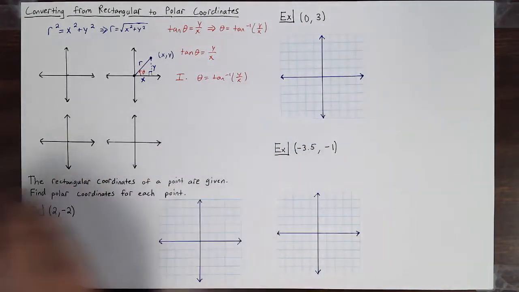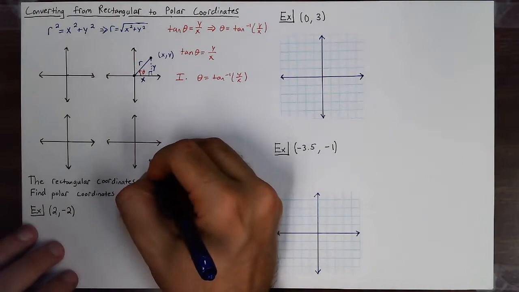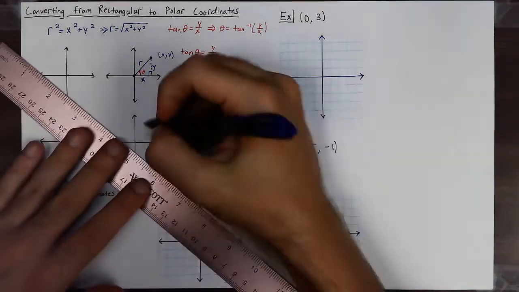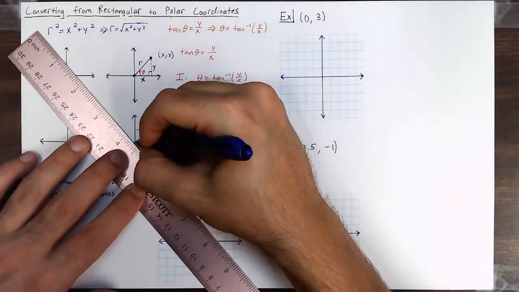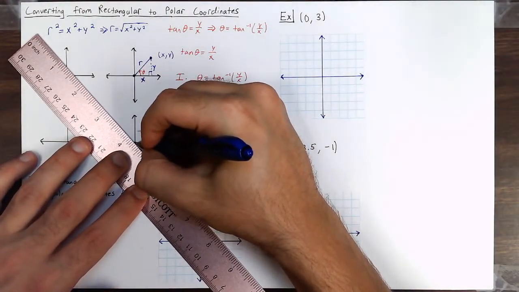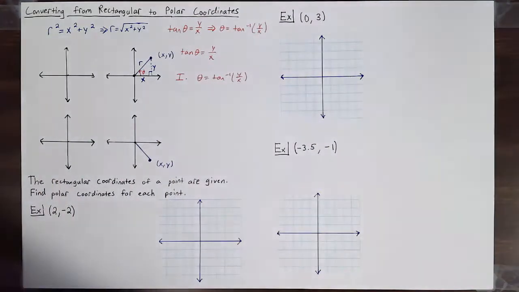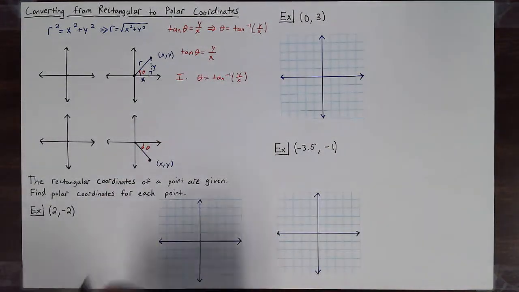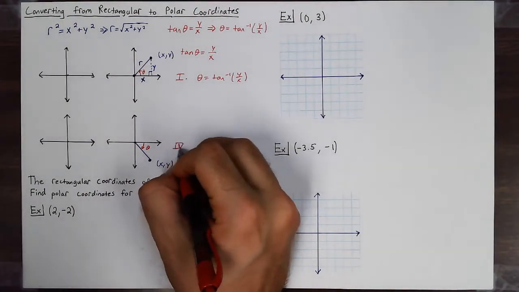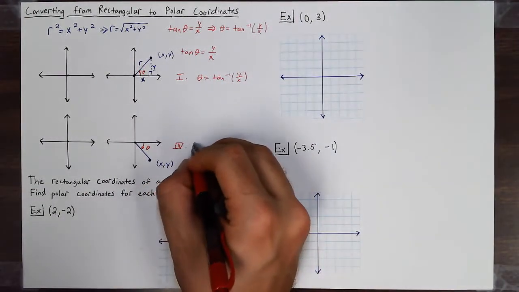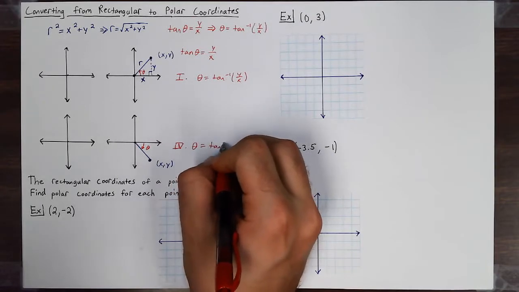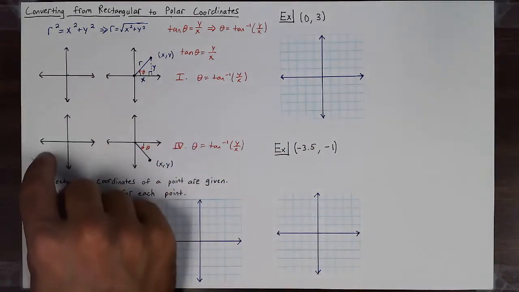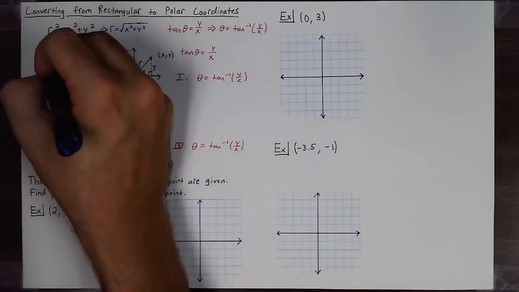And even for the fourth quadrant, if the x, y coordinate is down here, then tangent inverse would give me a negative angle to put it out in that quadrant. So it's okay for the first and fourth quadrants to use that formula. But I need to keep in mind what I need to do in order to find the angles for the other quadrants as well. So let me think about that.